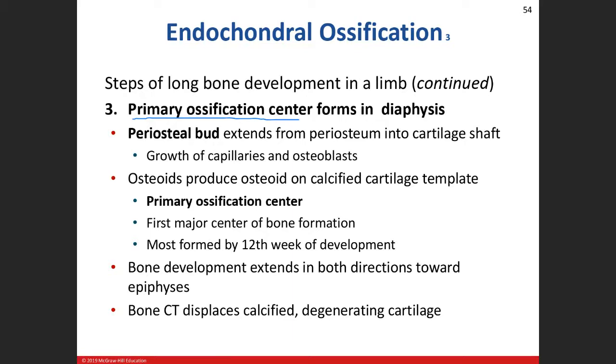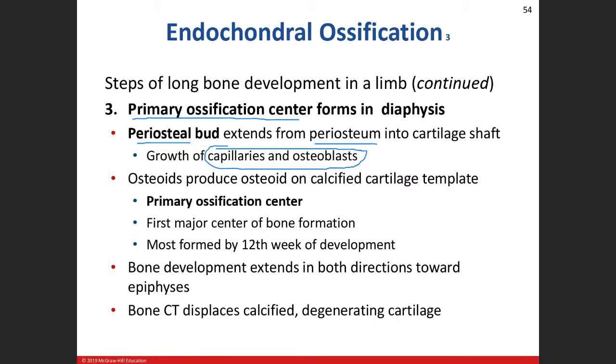There's not a medullary cavity yet, but what would be the future medullary cavity. What we start to see is what we call the periosteal bud. Essentially that periosteum is going to extend internally, and that extension is going to be made up of the capillaries and the osteoblasts.